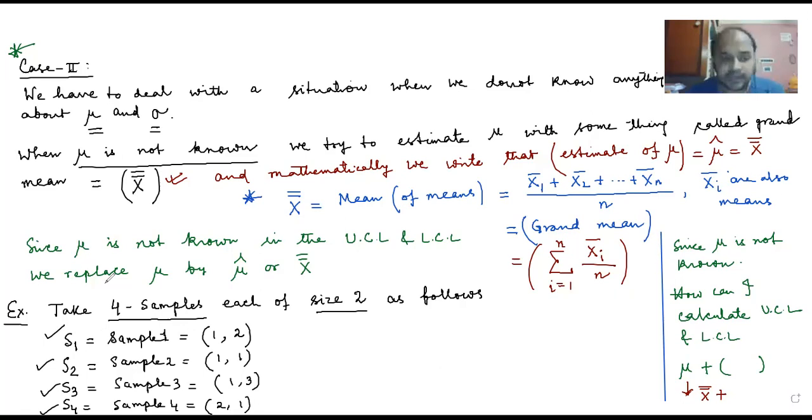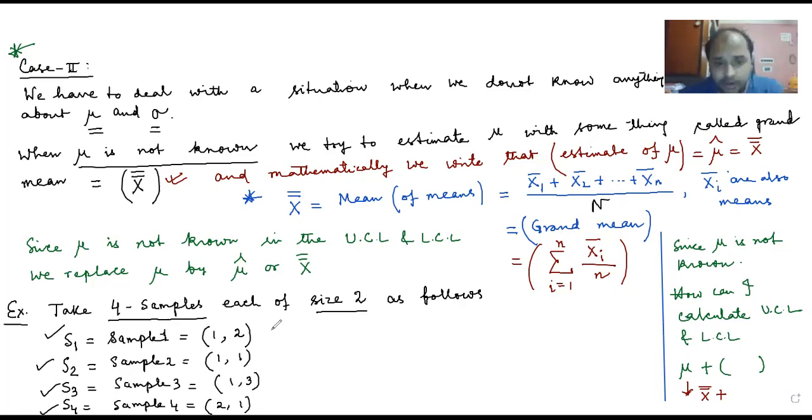Okay, so you see, how many samples are there? In total, there are 4 samples, and each of these samples has size 2 because 2 items are contained in it. It would be nice if you replace this particular small n by capital N. Why am I doing so?